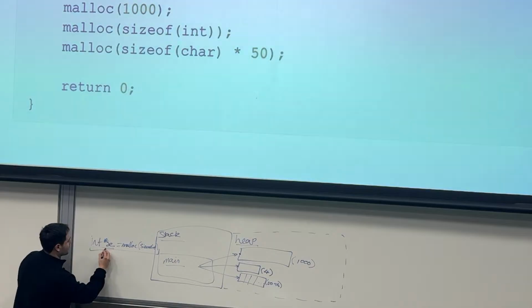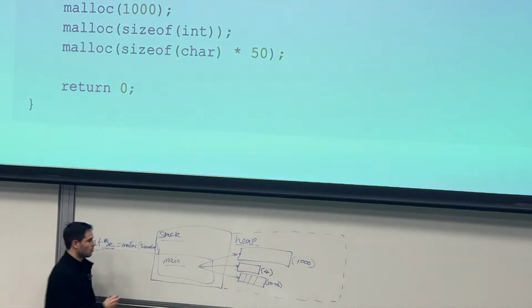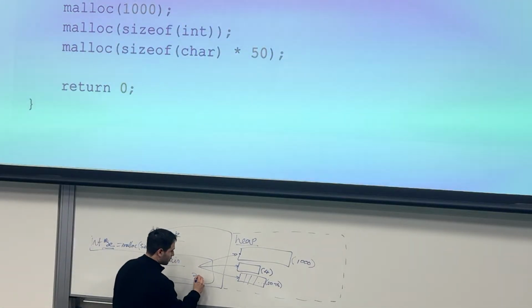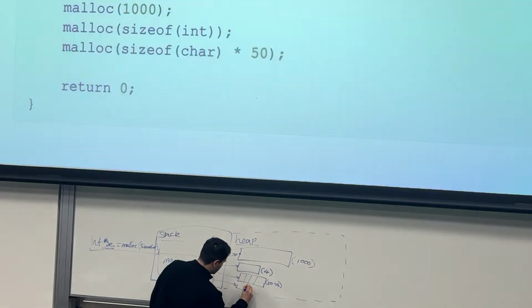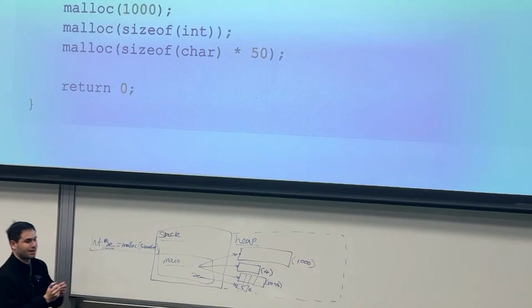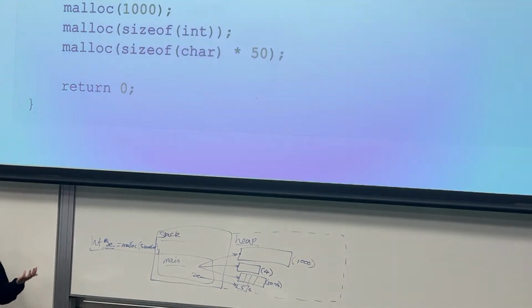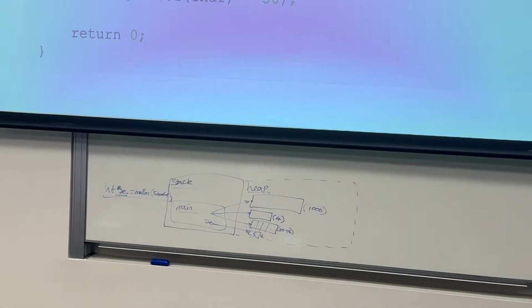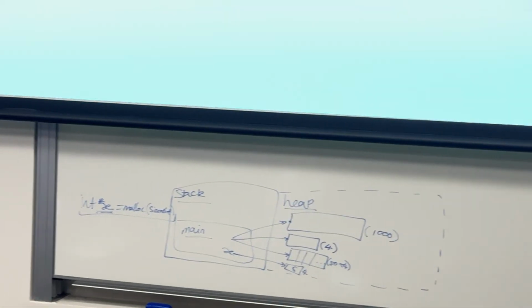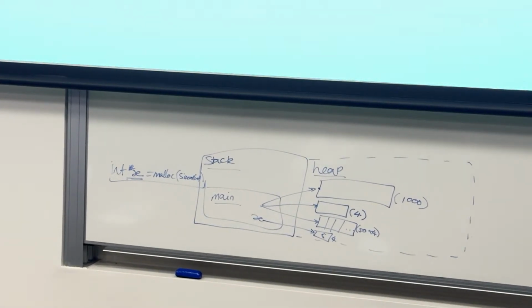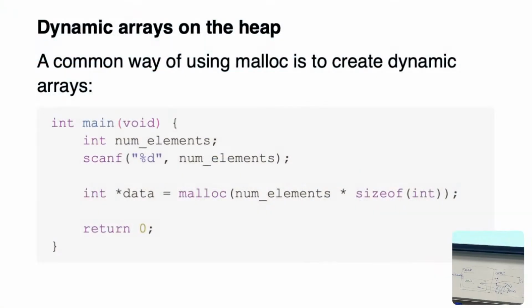And so then you've got this x variable which stores the memory address, except that that memory address happens to be on the heap instead of the stack. And everything we do with it is the same. We can dereference it, we can use the address of operator, etc. It's useful to store single pieces of memory on the heap. That's fine.